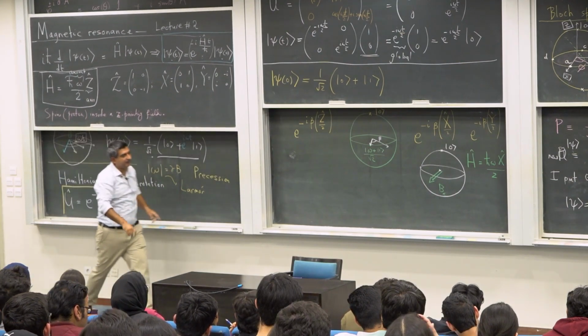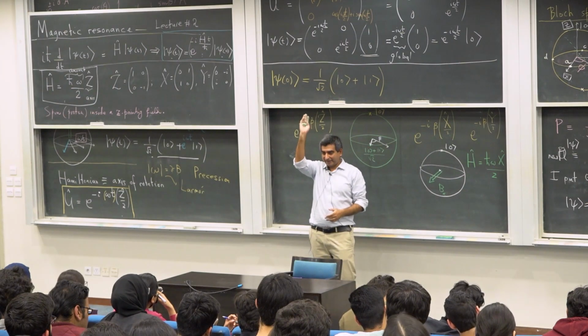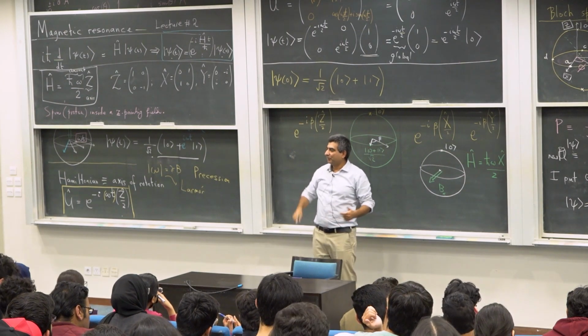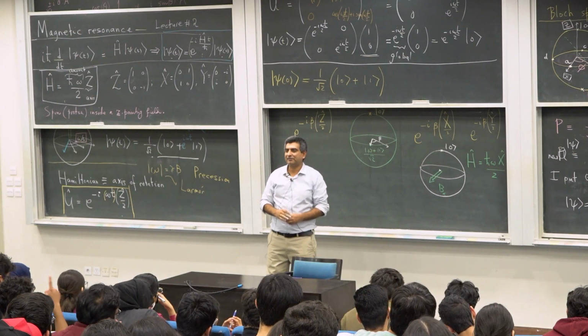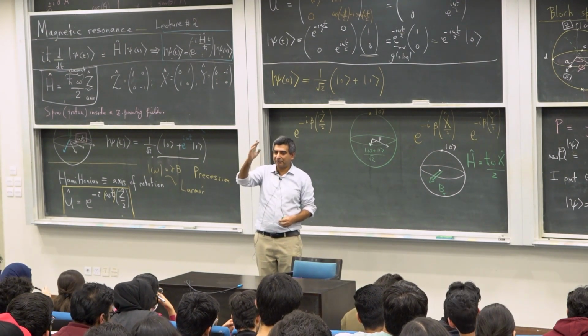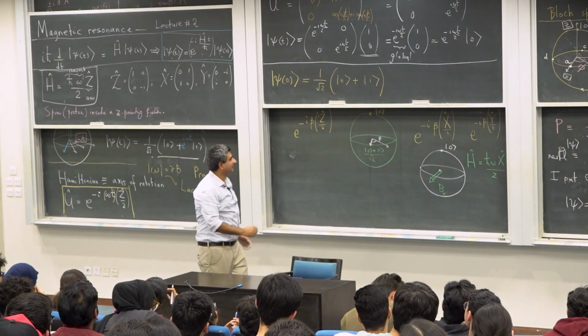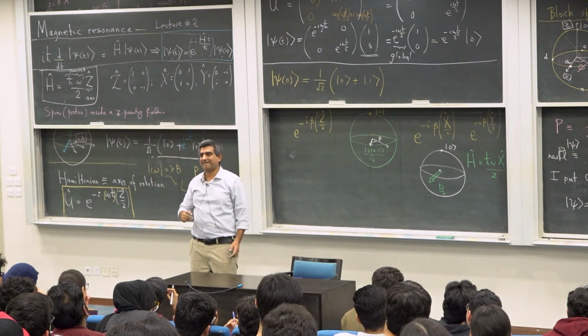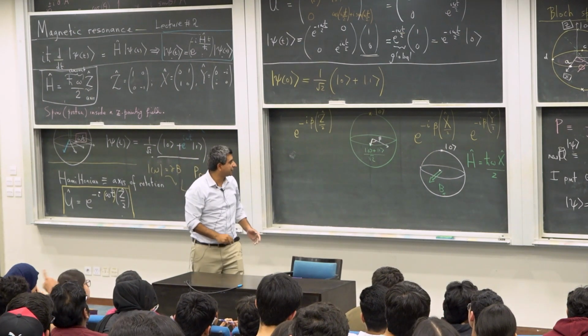Now I applied a magnetic field along the x direction, and my initial quantum state is along the z direction. It's ket 0. Will this state change with time? Yes. What's going to happen? It's going to come round. So this is my axis of rotation, this is my state. All right? Now this state is going to change, and how is it going to change?